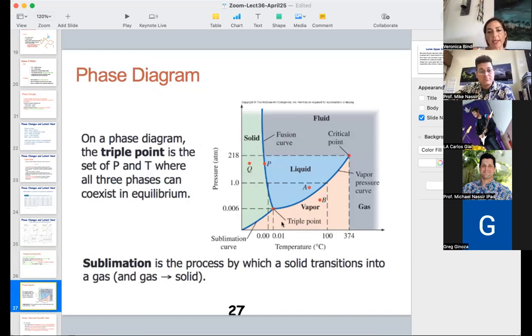And so in this case, we have a vapor. In this case, we have solid when we have a low temperature and high pressure. In this case, we have a liquid, and here is shown all the change of state from solid to liquid to vapor, and this is called the triple point, where these three phases can coexist in equilibrium.